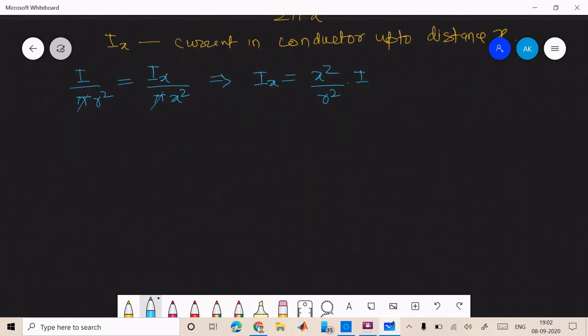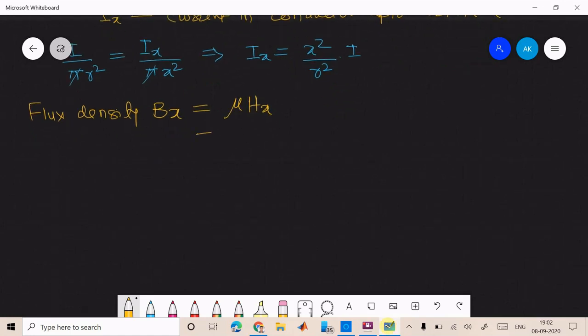Now we will write flux density. Flux density Bx. What will be the flux density at a distance x from the center? So Bx, we know, is mu times H. Here H is Hx.